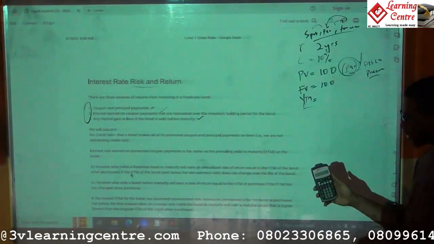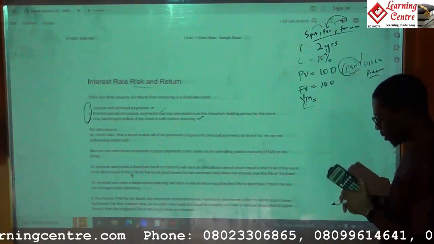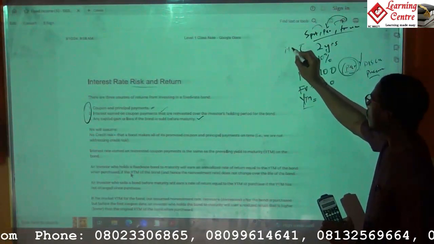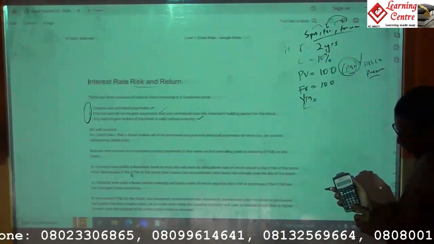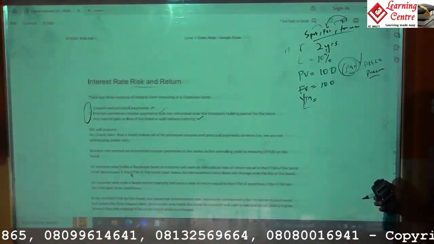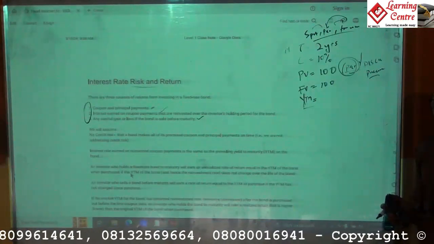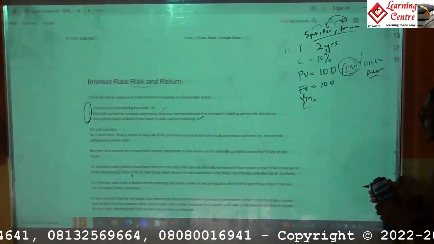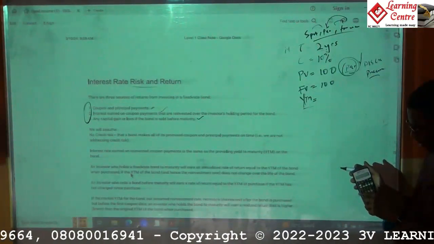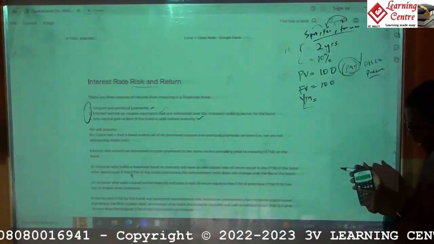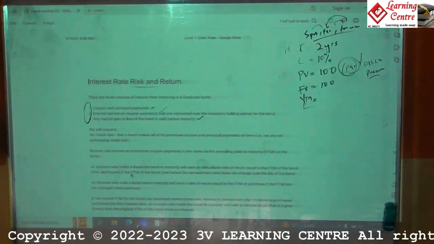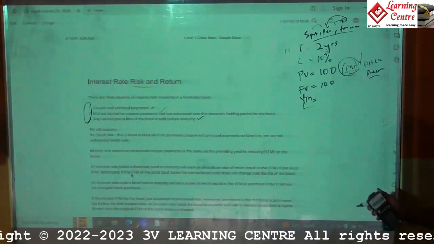So all you need to do, this your tenor is N. So I'll press 2, I'll press N. This 2 years is your tenor. You press 2, you press N. I/Y, you will skip that since that's what you have to calculate.